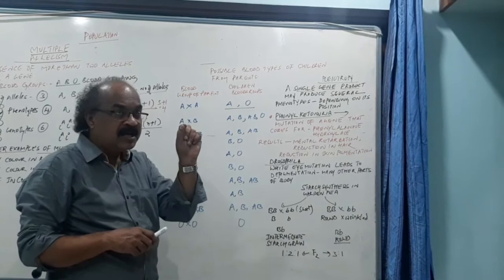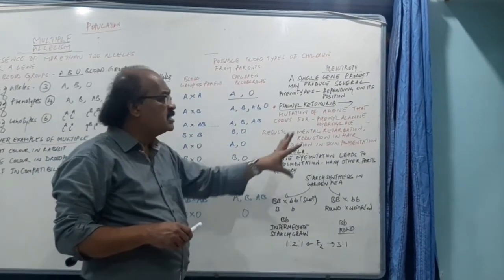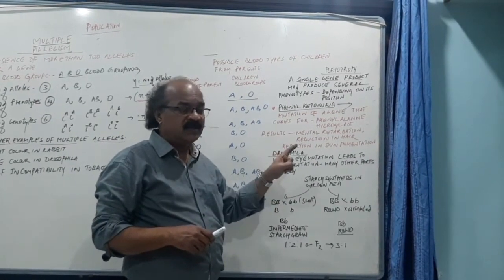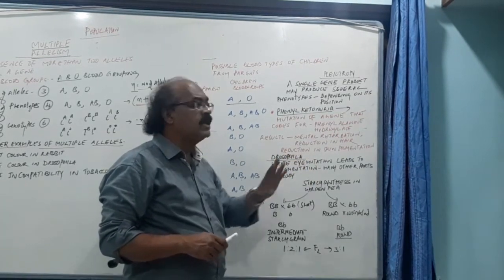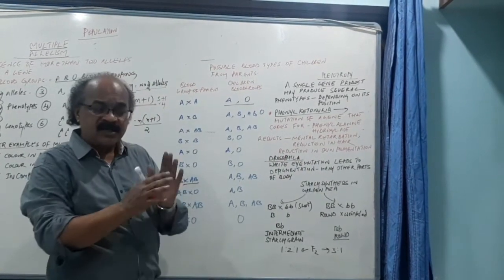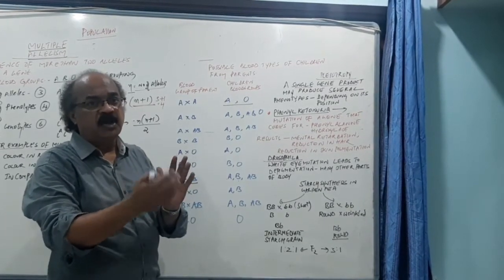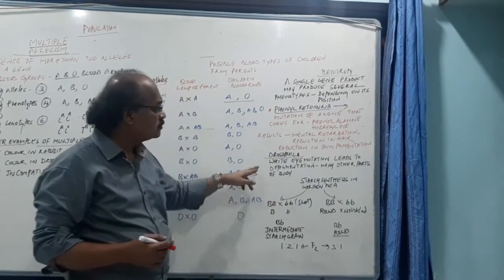So a single gene is responsible for several phenotypic effects: the mental retardation, reduction in hair, reduction in skin pigmentation. So as it is controlling many phenotypic effects, that is a pleiotropic gene.